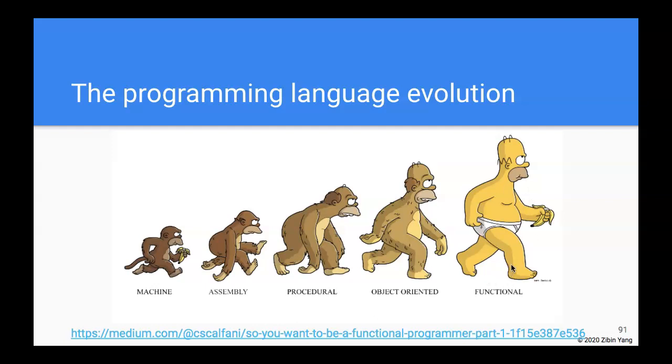Now, I don't necessarily think that functional programming is more evolved than the other two paradigms, but they're just different ways of thinking about problems, and they all have their places in programming, and they can all be used together. They're not mutually exclusive. So it's great that we have all these tools in our tool set.